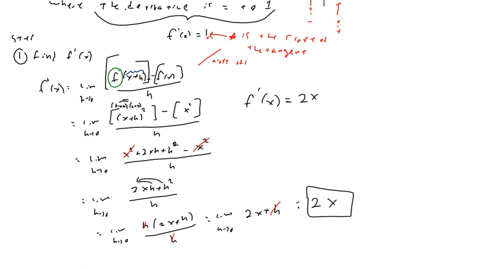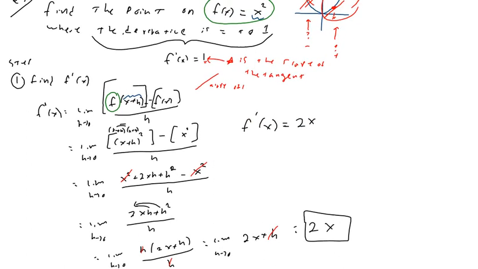Okay? F prime is 2x. I found this formula, this equation, found the derivative, using our formula, doing some simplifying. So we have an equation now that describes the derivative. Now the question is, what do I do next?